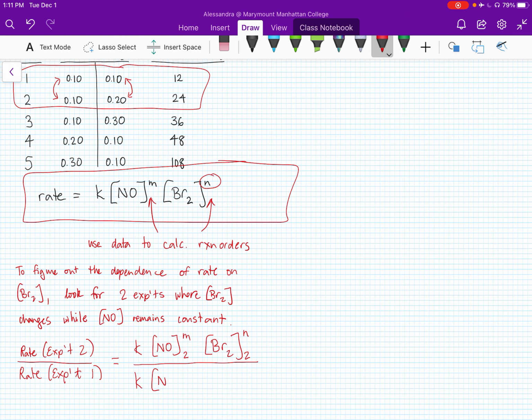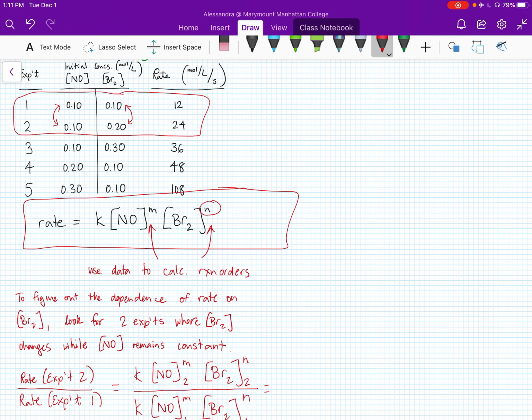So K times NO for experiment 1 raised to the M power times the bromine concentration for experiment 1 raised to the N power. Now, the reason I did that is because I made a choice so that the NO values are going to be the same for experiment 1 and 2.